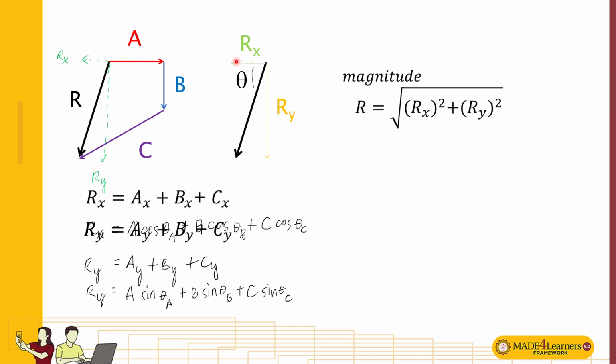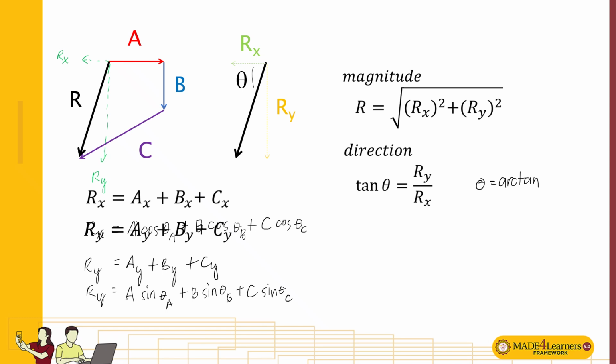So since x is the adjacent side and y component is your opposite side, opposite and adjacent, we have tangent, okay, for the trigonometric function, the ratio of y component to x component. Okay, so to get theta, we use the inverse trigo function, arctangent.